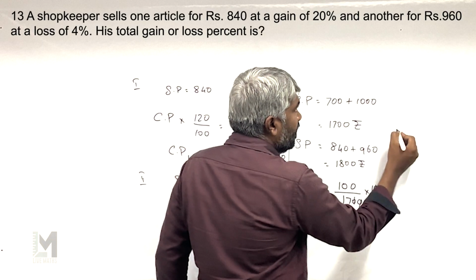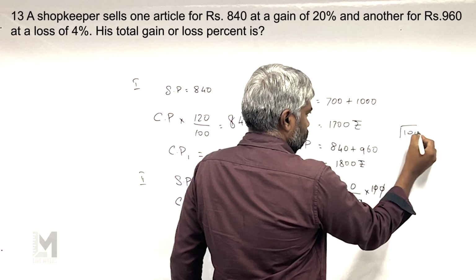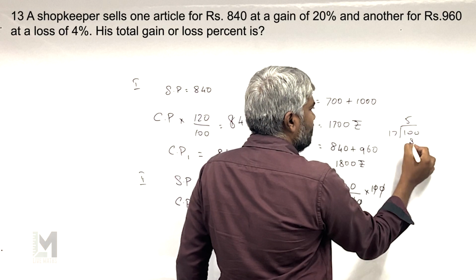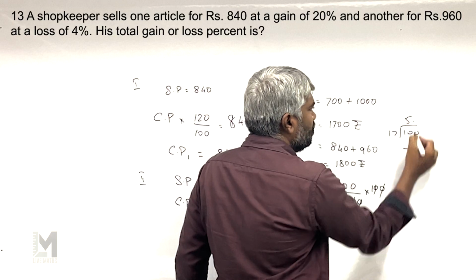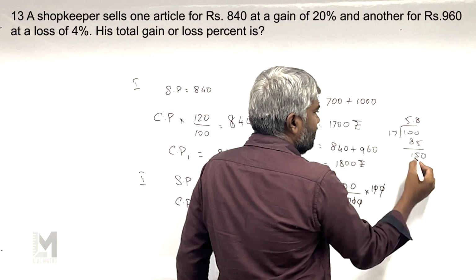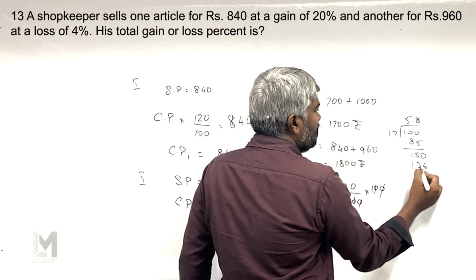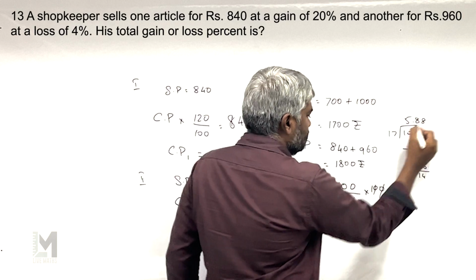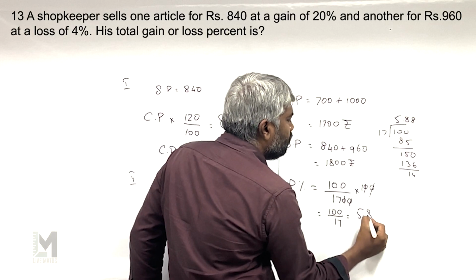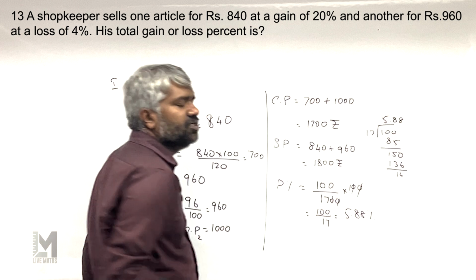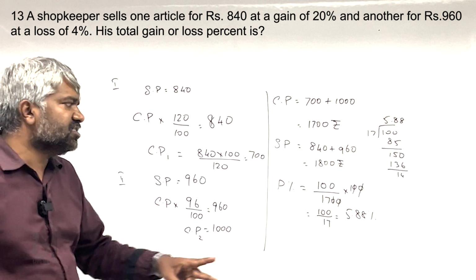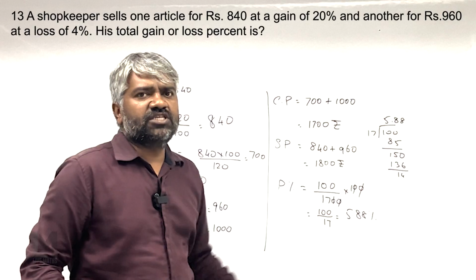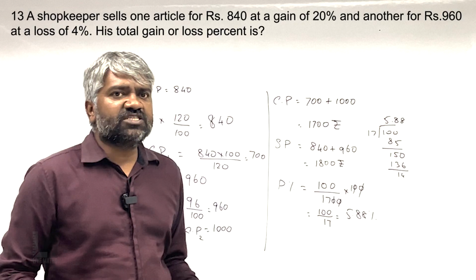If you divide 100 by 17, 5 times 85, 15, 0, 8 times, so 136, again 8, which is 5.88 percentage. Therefore, the total profit while selling both the articles is 5.88 percentage. Now we move to the next question.